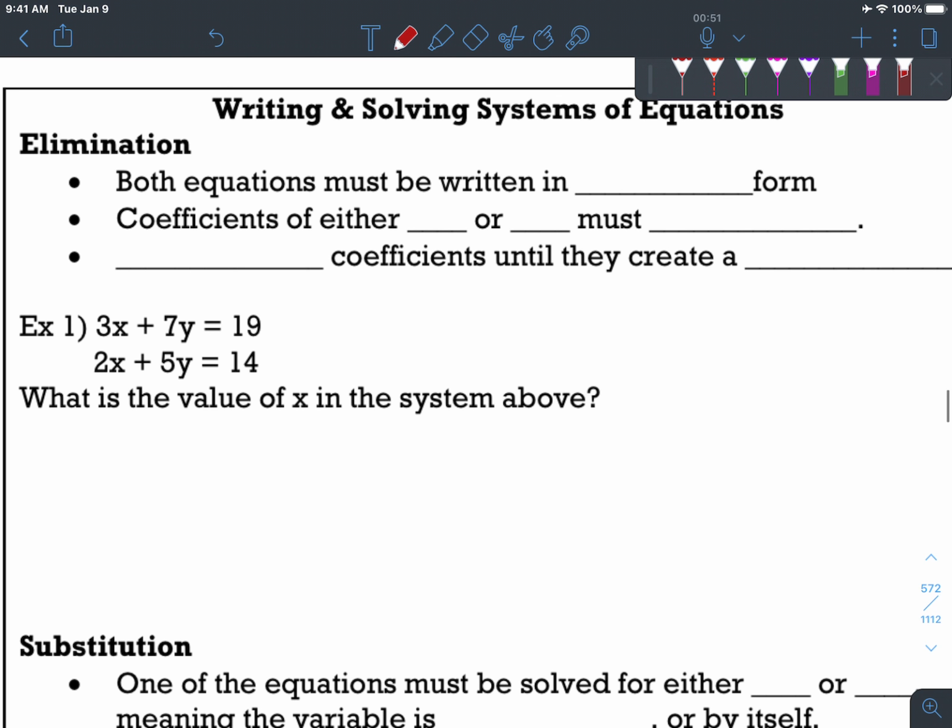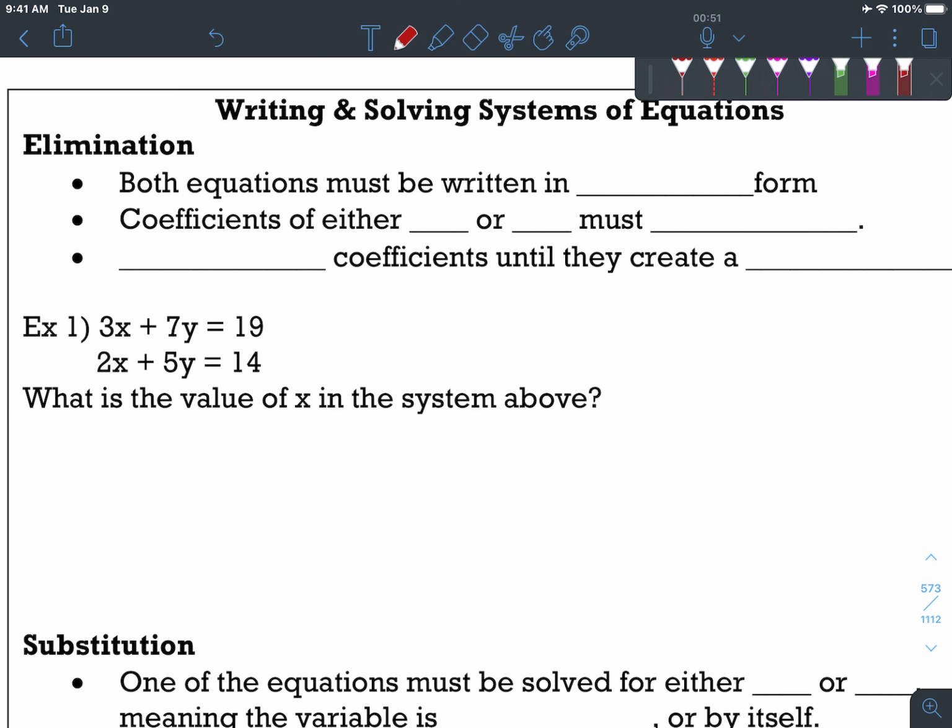So here we have writing and solving systems of equations. Anytime we're trying to do this by hand, we definitely want to make sure that we are writing these guys in standard form. Always. The reason is they're just easier to read like that.